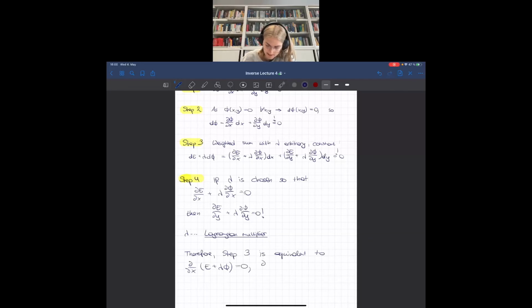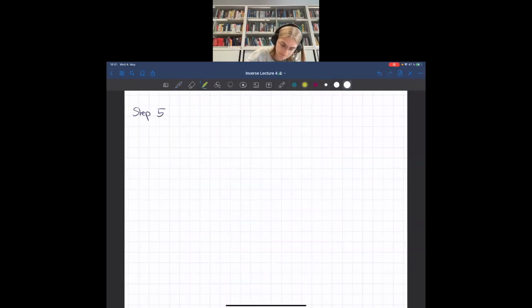And on the other hand, the same thing holds for y. And step 5. We still need to fulfill that phi of x and y should be 0.